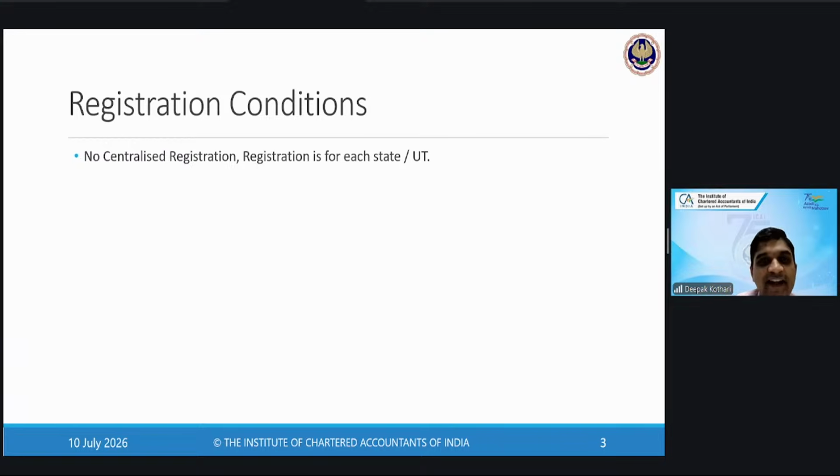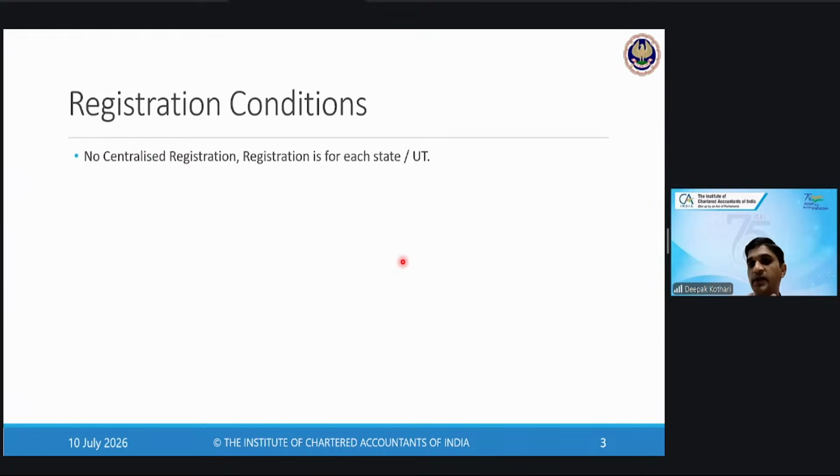No, yes. Again, two conflicting views. If you have 10 branches, you can't take one registration because in each state you have to take separate registration. If you have 10 branches in one state, then you can have one registration. But my question was, you have 10 branches in different states, then you cannot take one registration.